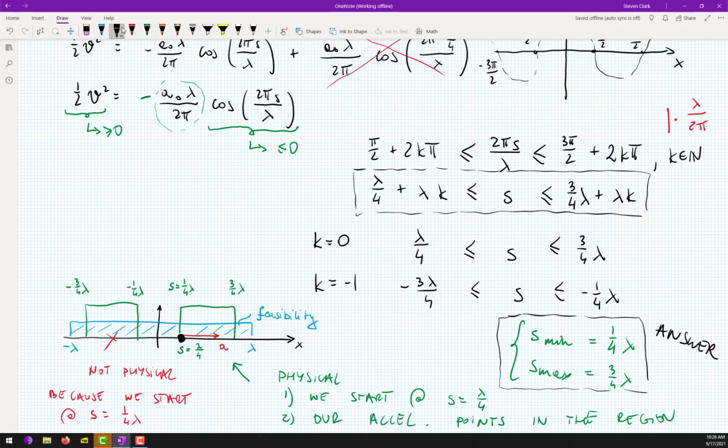Just let me know how it looks from your perspective. One more: k is all the natural numbers? No, not naturals. Naturals are 0, 1, 2, 3, 4, 5.